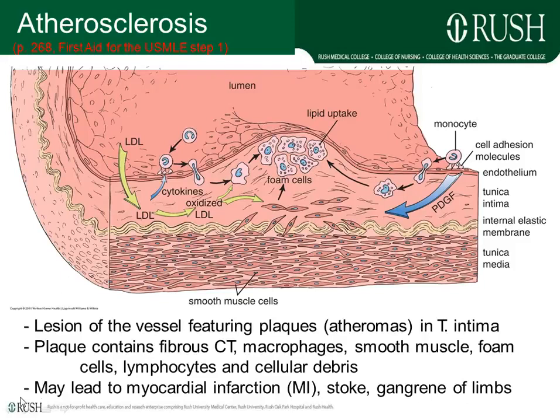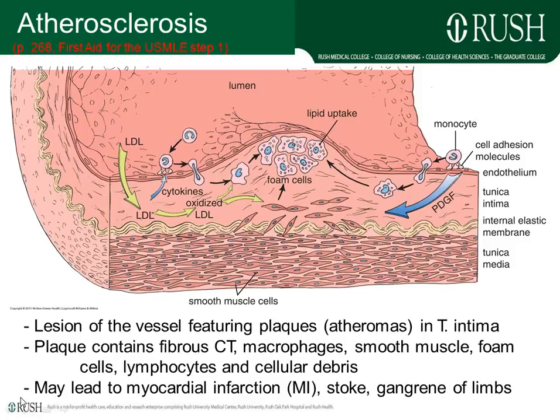The PDGF also stimulates smooth muscle cells in the tunica media to enter into the tunica intima where they don't normally belong. Both the macrophages and the smooth muscle cells can end up uptaking a lot of LDL because this condition is related to high cholesterol, high LDL in the blood itself. And when they uptake that, they become foam cells.